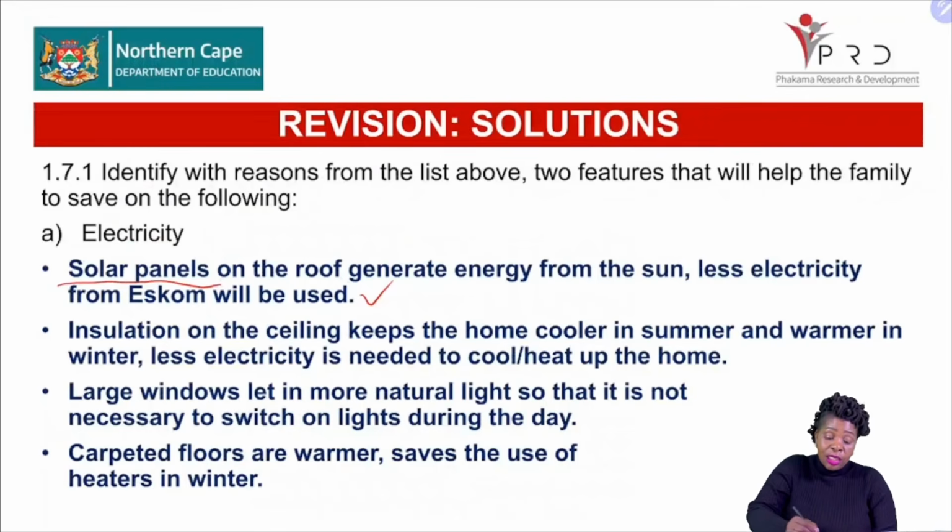Also, the insulation on the ceilings keeps the home cooler in summer and warmer in winter. That means less electricity is needed to cool or heat up the home. Also, large windows let in more natural light so that it is not necessary to switch on the lights during the day. Carpeted floors are warmer. It saves on the use of heaters in winter. So that's saving on electricity.